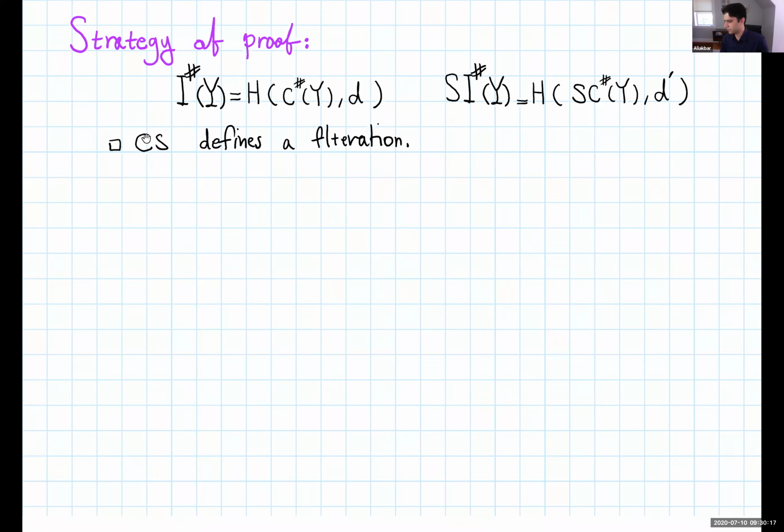And like any other version of Morse homology, the value of our functional defines some sort of filtration on this chain complex. To each critical point we associate the value of the Chern-Simons functional, and then the differential decreases this filtration.